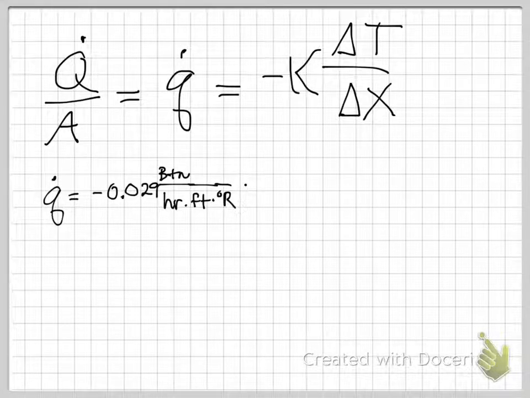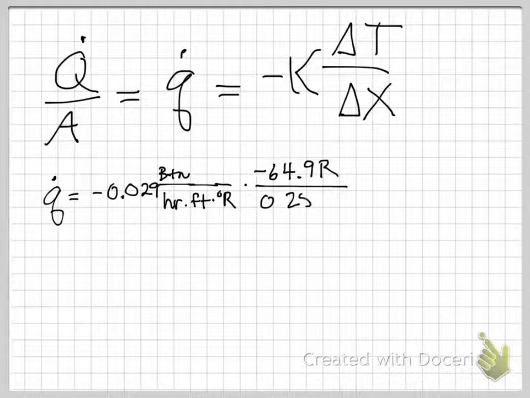And of course, the change in temperature going from 67 degrees Fahrenheit to negative 8 degrees Fahrenheit is negative 64.9 Rankine, and the distance it traveled is 0.25 feet.